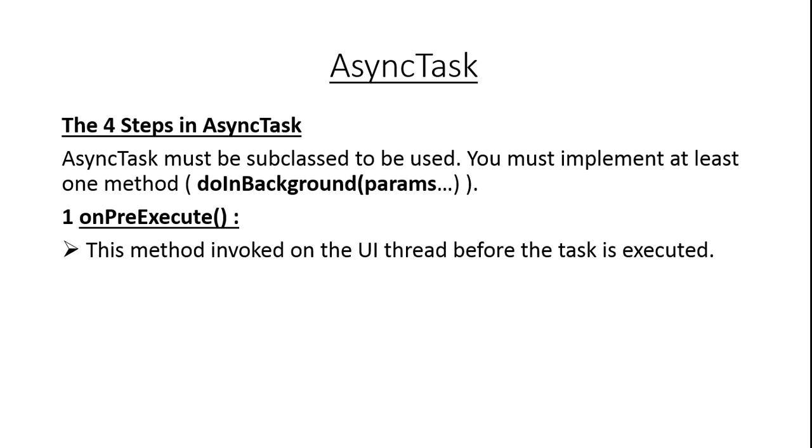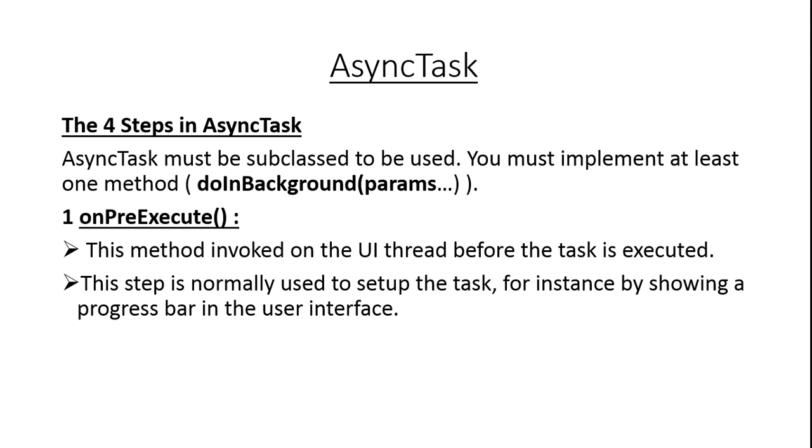This is the first method invoked by the Android system if you start an AsyncTask. This step is normally used to set up the task, for instance by showing a progress bar in the user interface. So within this method, you can make the initial preparation for the AsyncTask. For example, you can make a progress bar visible in this method.